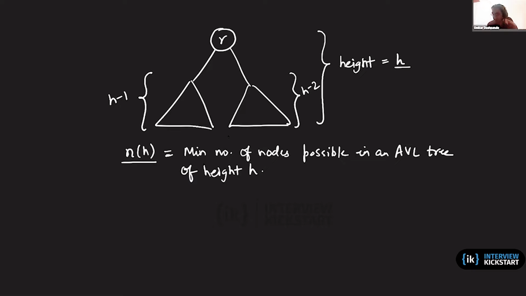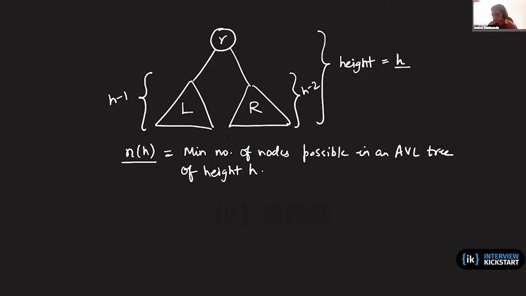And again, we are assuming that this left subtree is the smallest possible AVL tree of height h minus 1, because if it wasn't, then we could replace it by the smallest possible tree of height h minus 1, and we would get an even smaller tree of height h, which is not possible. So we are already looking at the smallest AVL tree of height h. Likewise, the right subtree must be the smallest AVL tree of height h minus 2.